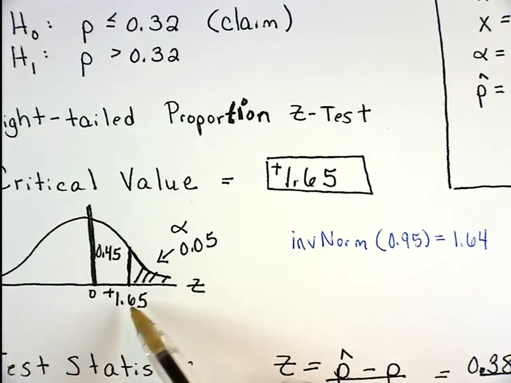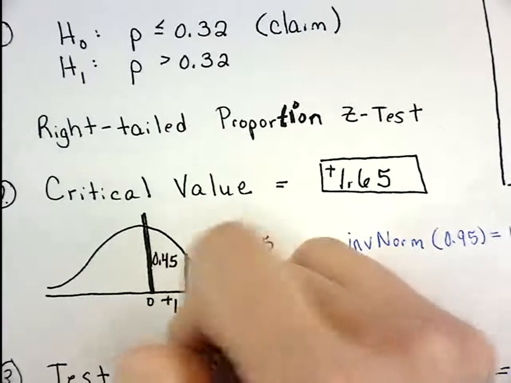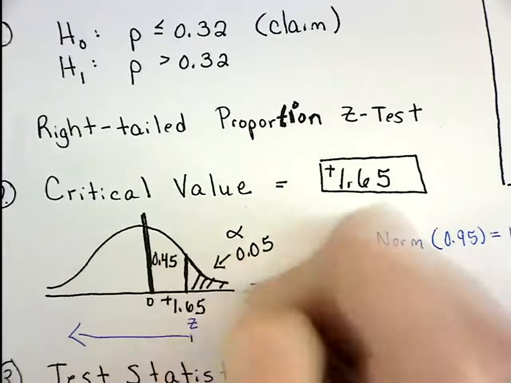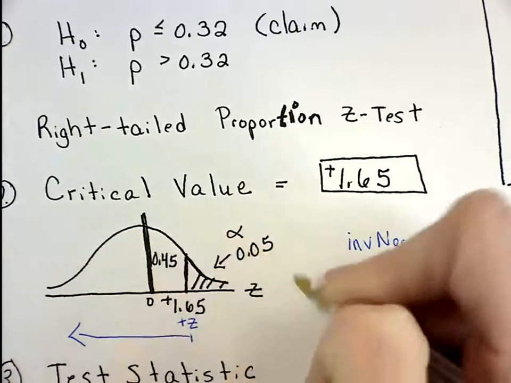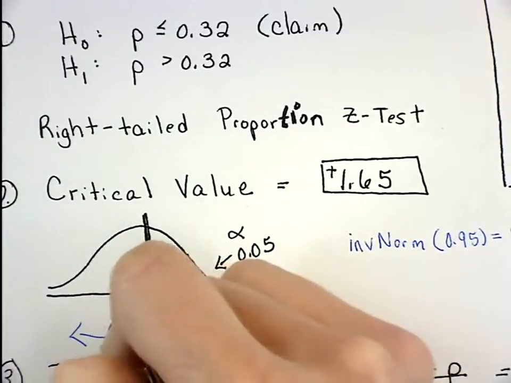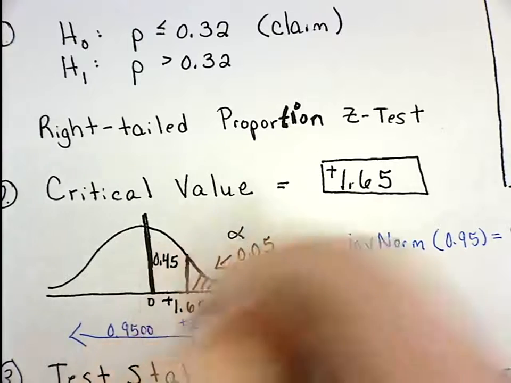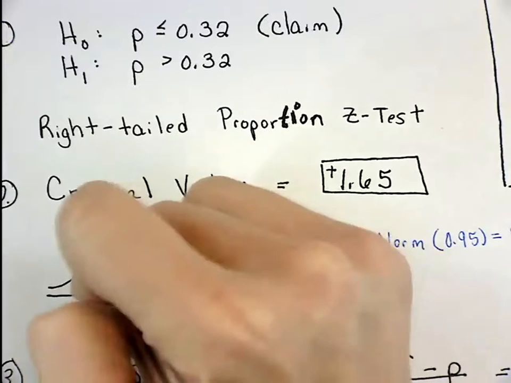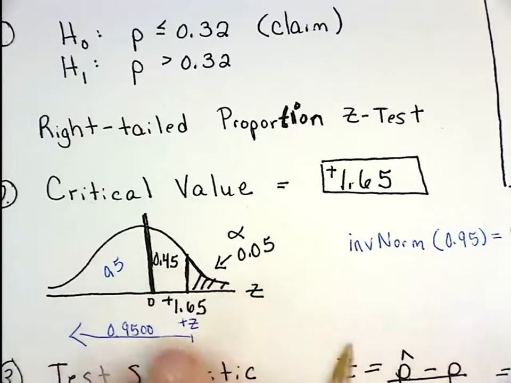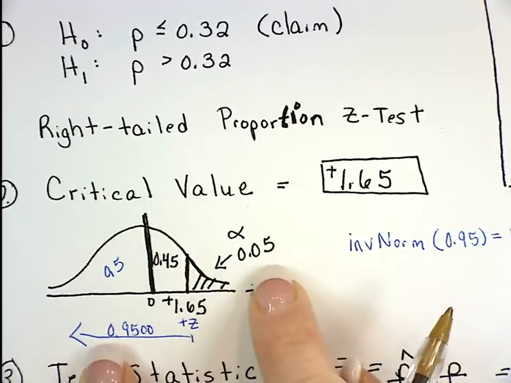You could also go to your z-table and look up the area below the unknown positive z here, which is your positive critical value, and the area below it is 0.9500. This area below it, because this is 0.5 and this unshaded area is 0.45, together that's 0.95 below, and there's 5% above it.